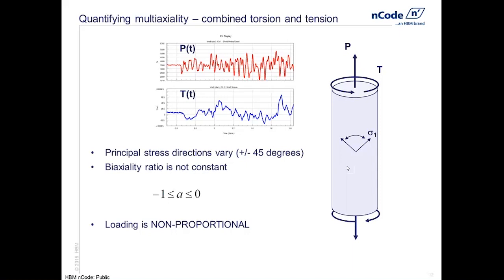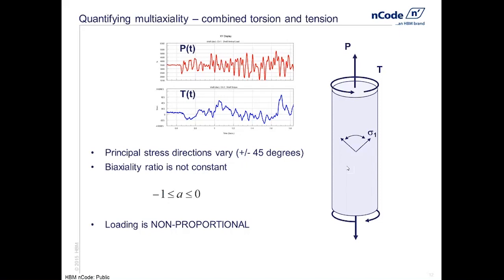So if we were to scale each case using two unrelated loading histories for the tension and torsion, and then superimpose them, the resulting stresses will have a biaxiality ratio that varies between -1 and 0, and principal stress directions that rotate. So this is a non-proportional loading. We have a varying biaxiality ratio and or a varying orientation of the principal stress tensors.